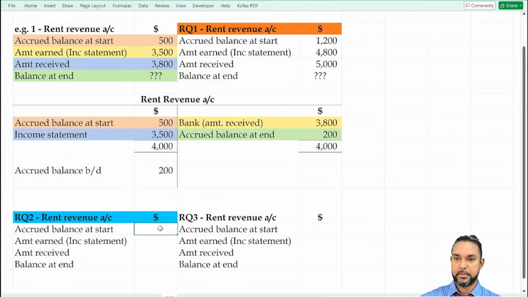All right. So balance starts. So let's say we had 1,500. Let's say that was 700. Let's say that was 9,000. And then accrued balances. So let's say that was 800.